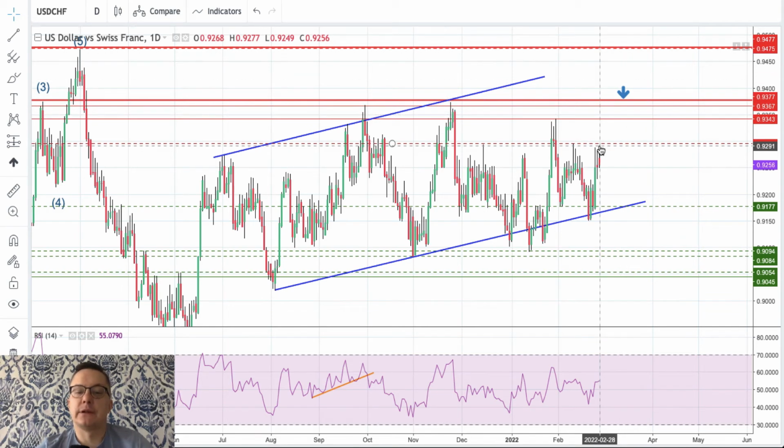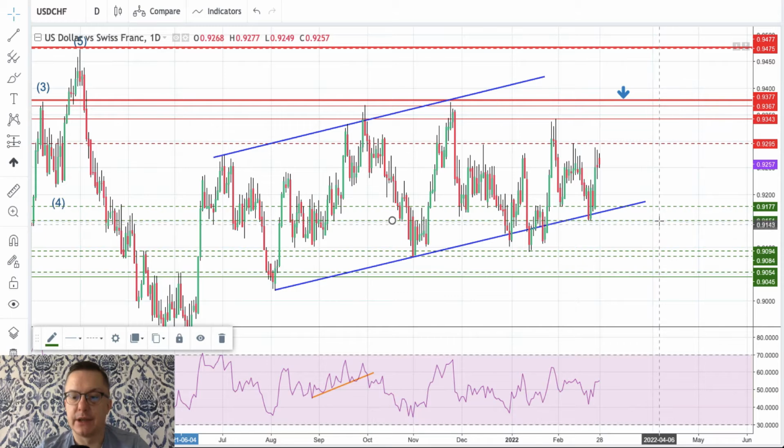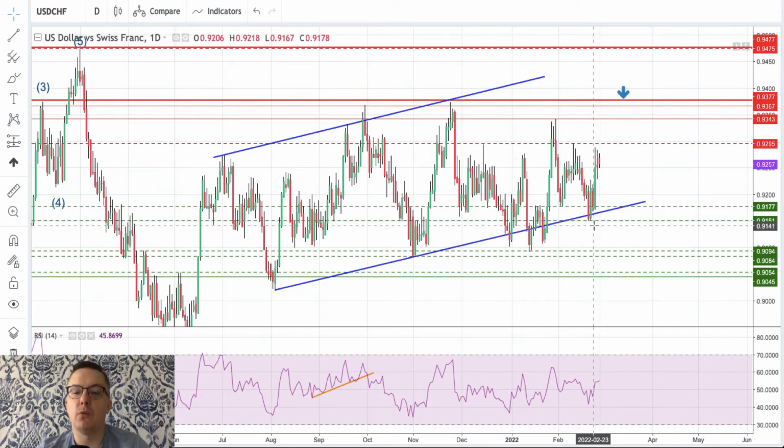So the same situation is at the level of 9,346 and 9,295. So those levels are technical resistances. On the other hand, the range is being limited by the technical support at 9,177, and there is another nice technical support at 9,151.